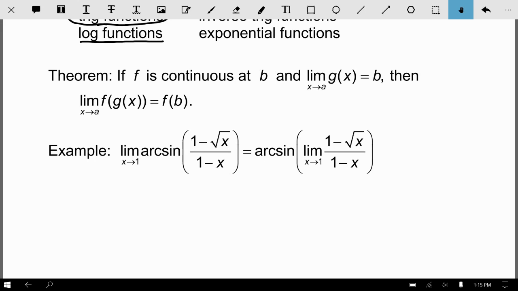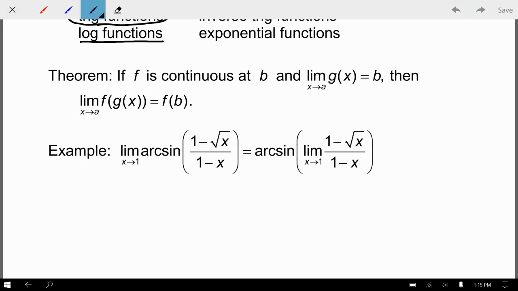All right, and then the last thing before we get into the intermediate value theorem, when we evaluate these limits, one of the properties that we didn't really talk a lot about before is called the composite property. If I have a function within my function, you can take the limit either of the outside function first or of the inside function first. So you can see this example.